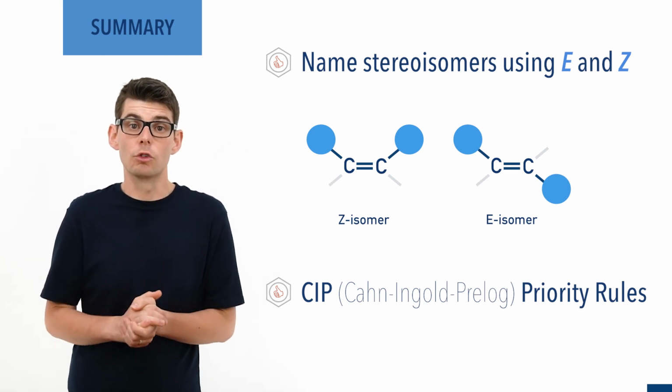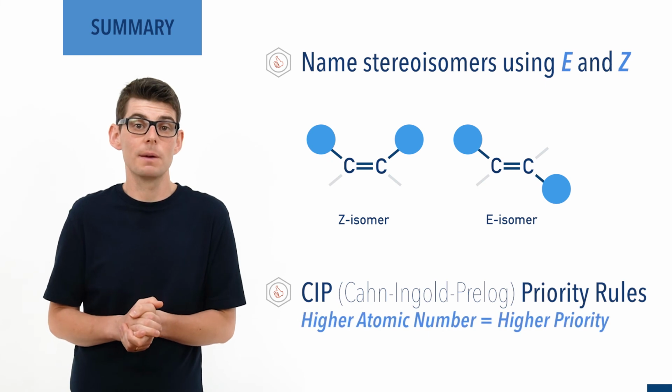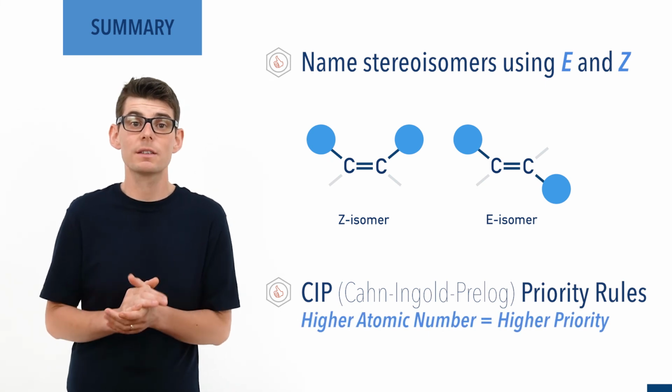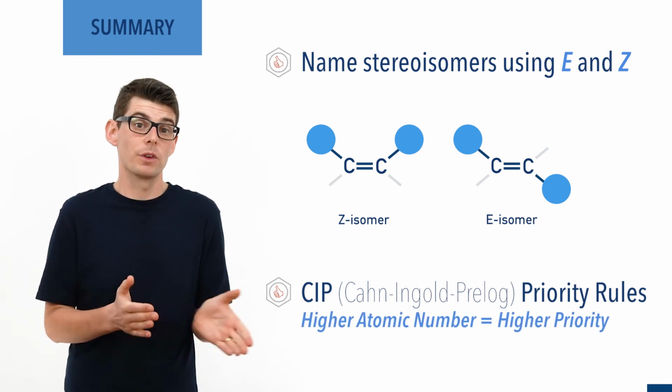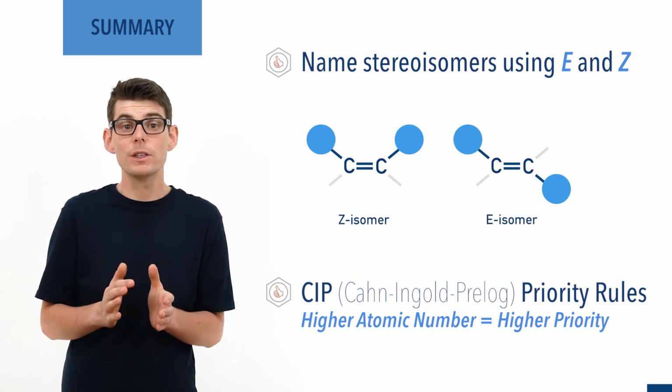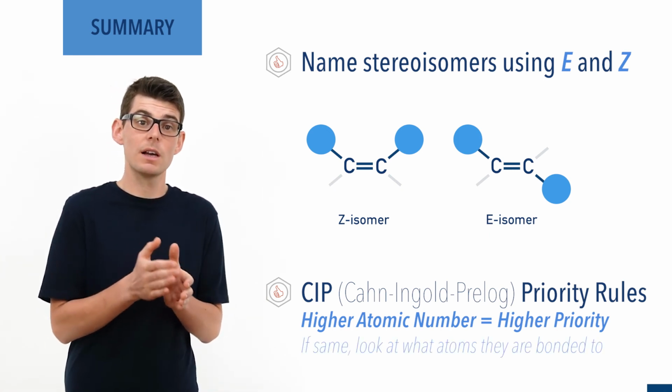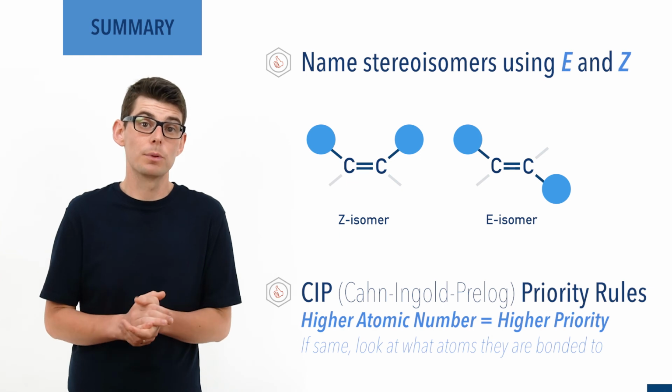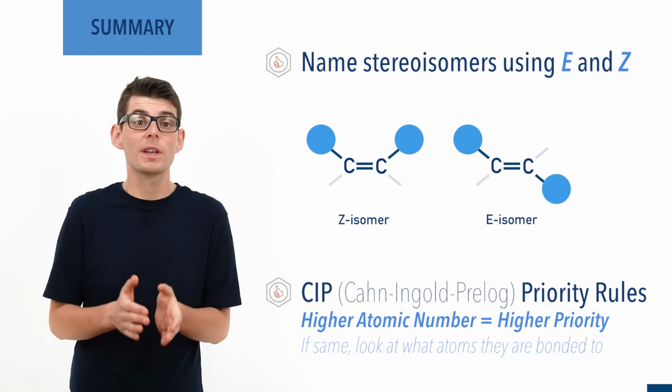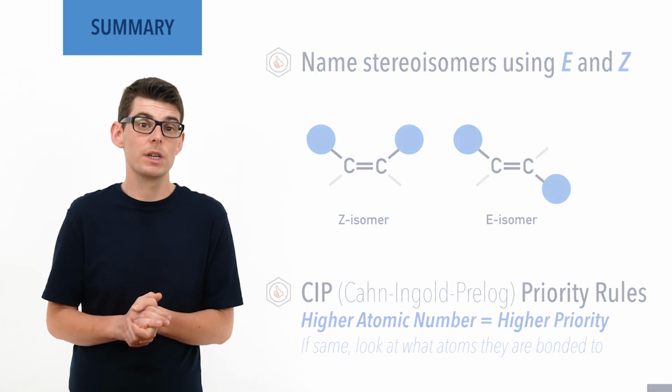The highest priority group is the one that has the highest atomic number. If the two bonded atoms have the same atomic number, for example they are both carbon, then you look at what those atoms are themselves bonded to. For example, a CH2Cl group would have a higher priority than a CH3 group.